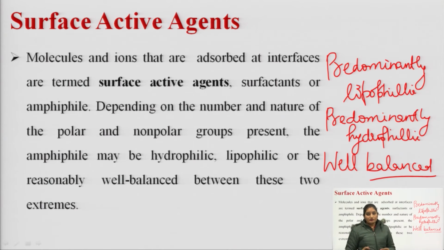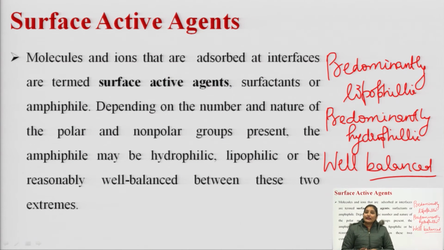So, these surfactant molecules, as I have told you, the molecules or ions that are adsorbed at the interface, are known as surface active agents because they are acting on the surface. They are trying to reduce the interfacial tension between the two phases. So, they are known as surfactants or amphiphiles. Why are they called amphiphiles?